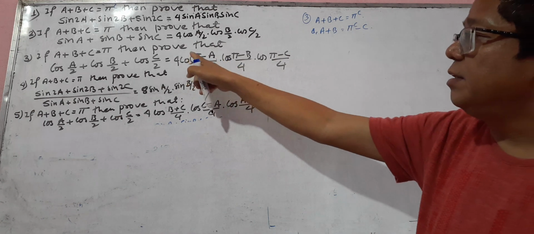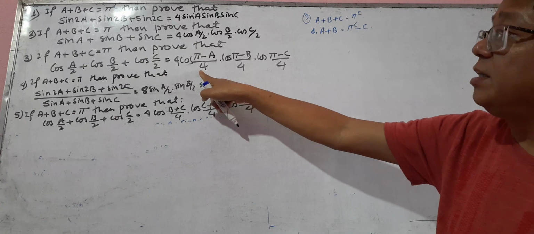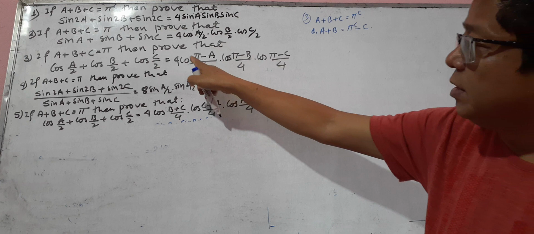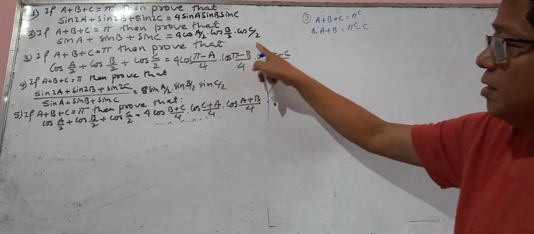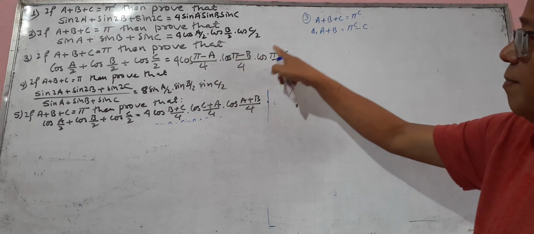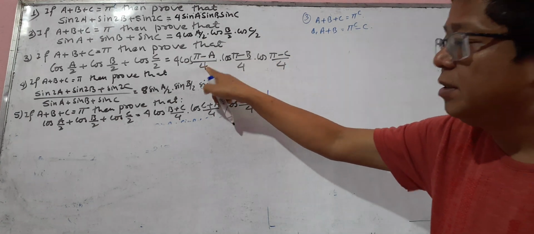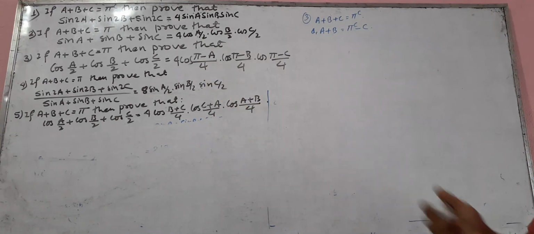Now look at the right hand side: pi minus a by 4, pi minus b by 4, pi minus c by 4. The angle is divided by 4, a submultiple of 1 by 4.